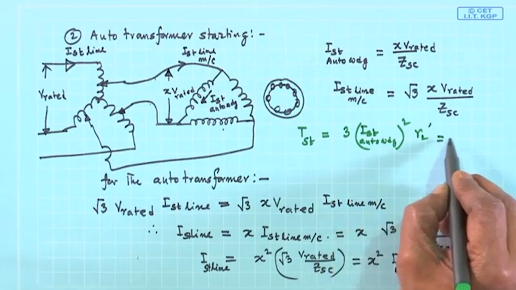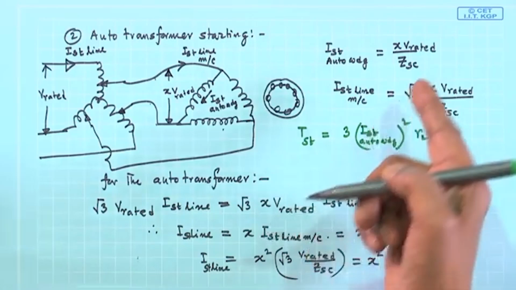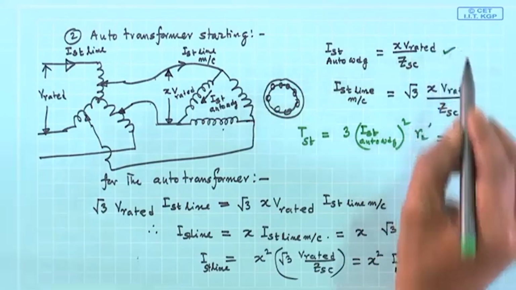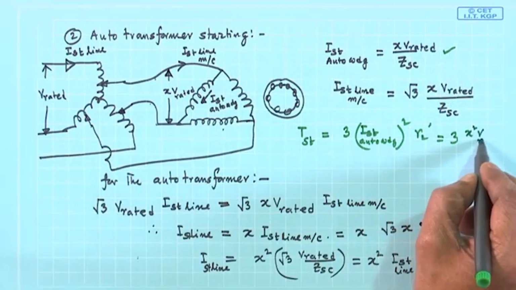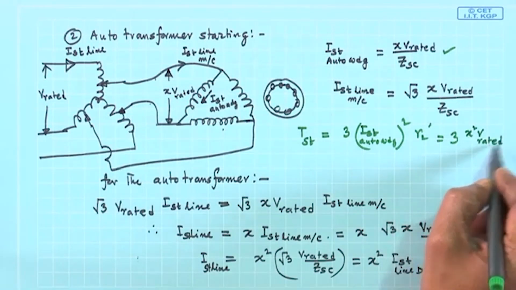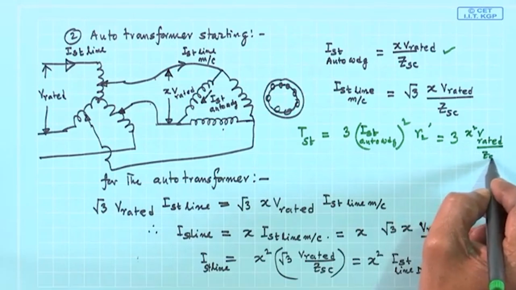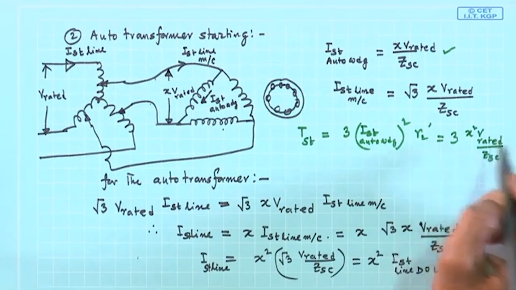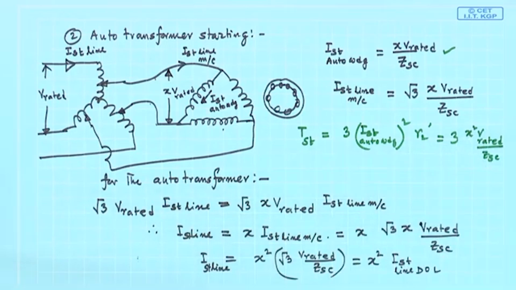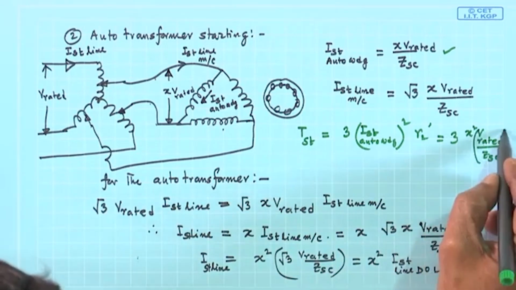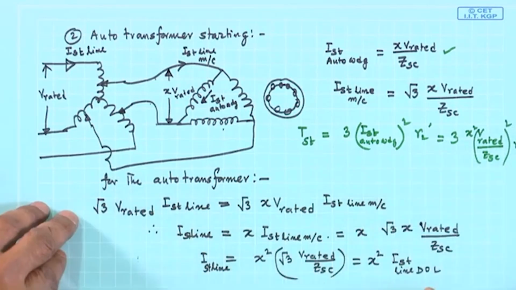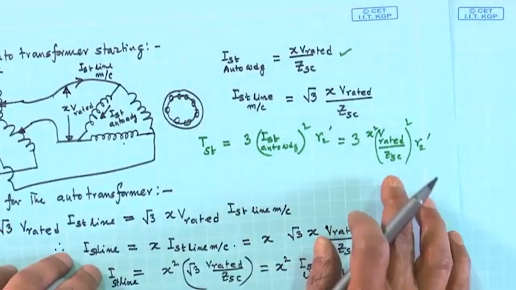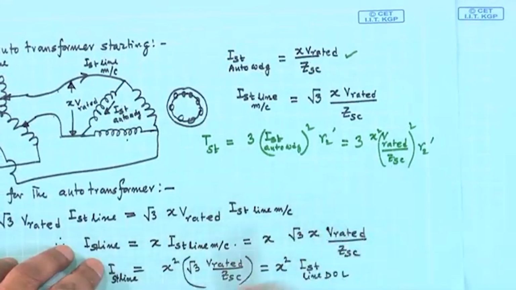This becomes equal to 3 times, put this value, x square V rated by ZSC squared, into R2 dashed.